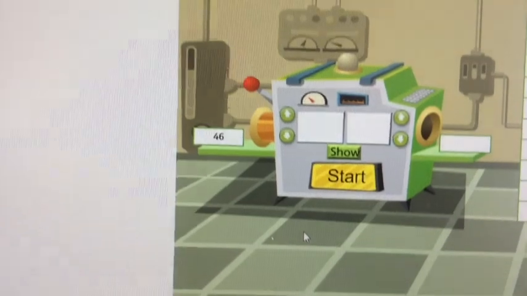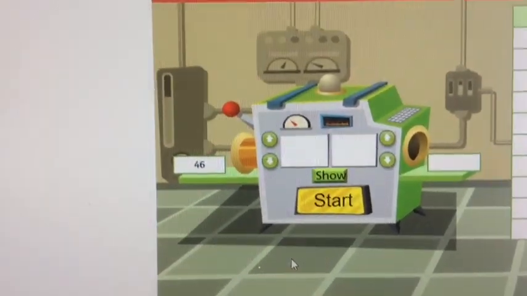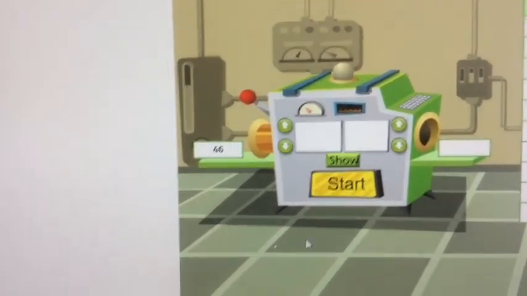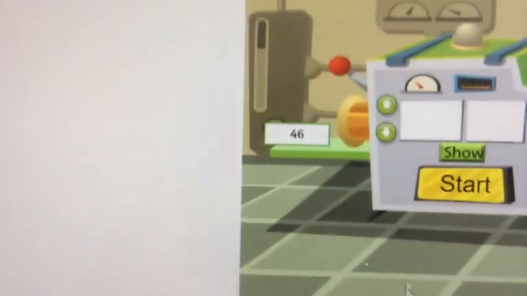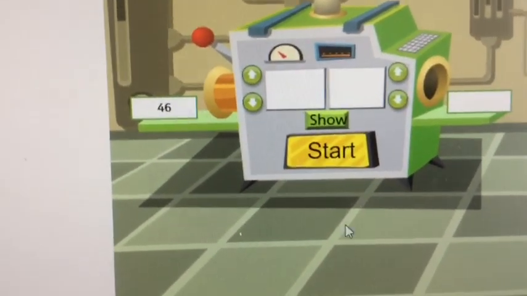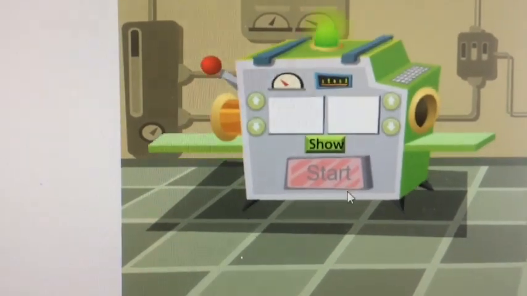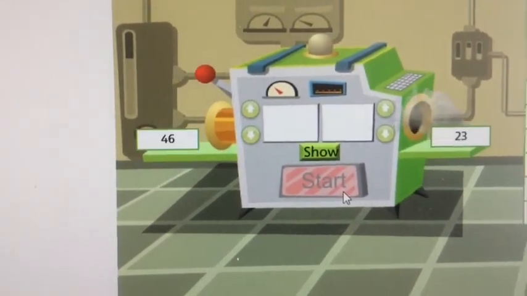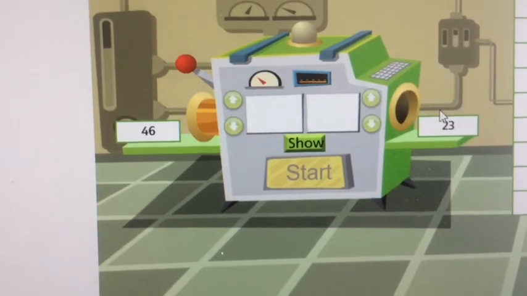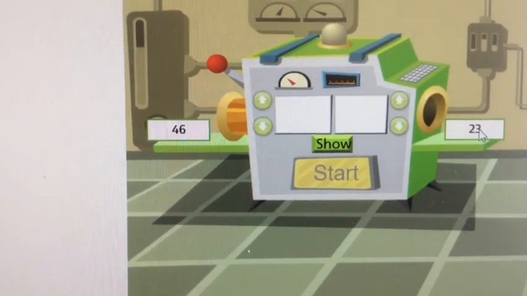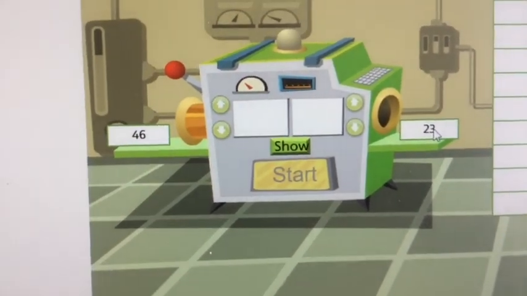Finally, to finish with, I wonder if you can tell what this machine's doing. I'm going to put 46 in and let's see what comes out. 23. Well, we haven't doubled it. What have we done? Yeah, we've halved it.